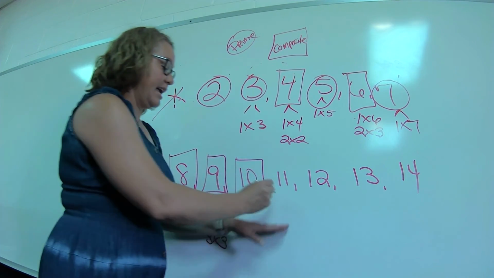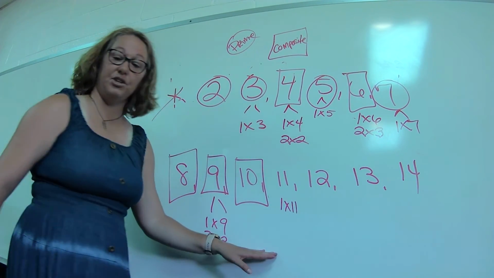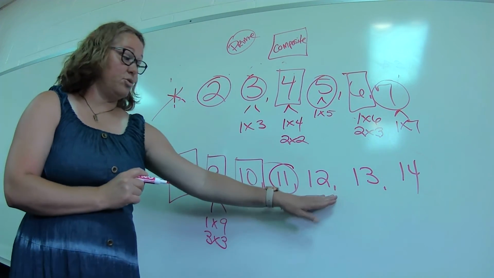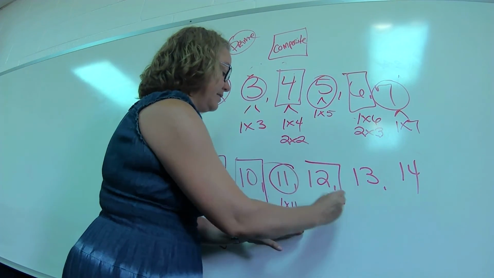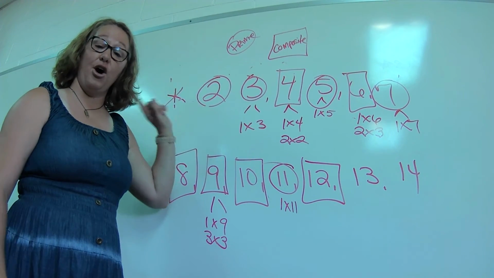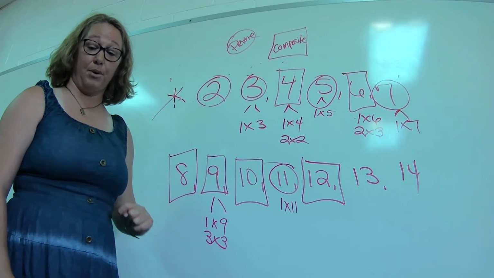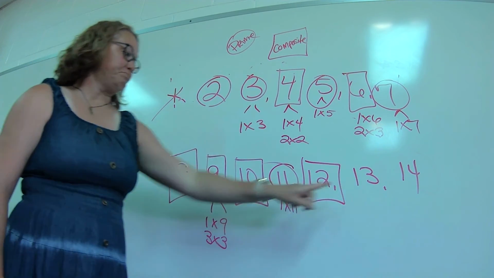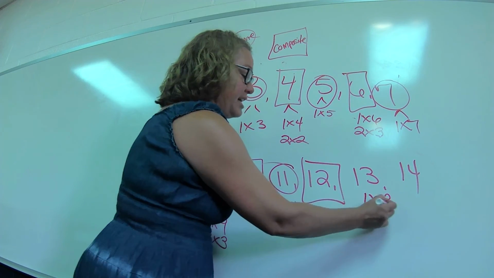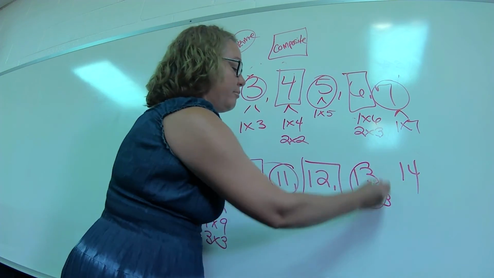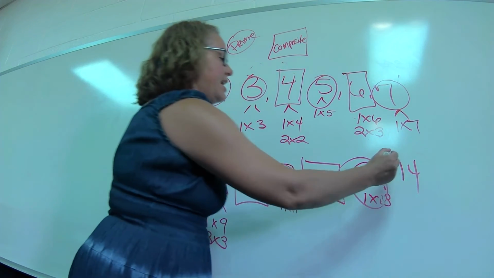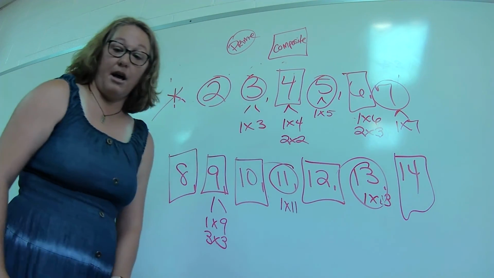Composite. 11, I only get 1 times 11. It's the only way to get 11. Prime. 12, even. So it has to be composite. Again, I will say it. 2 is the only even number that's prime. All right. 13. How do I get 13? 1 times 13. So that has to be prime. How about 14? It's even. That's right. So it has to be composite.